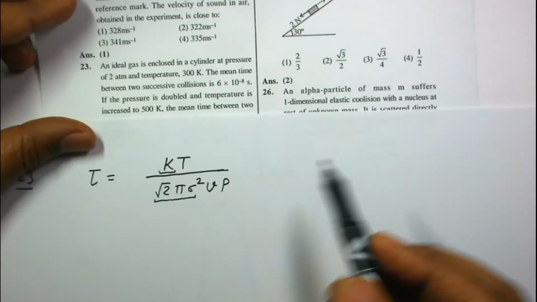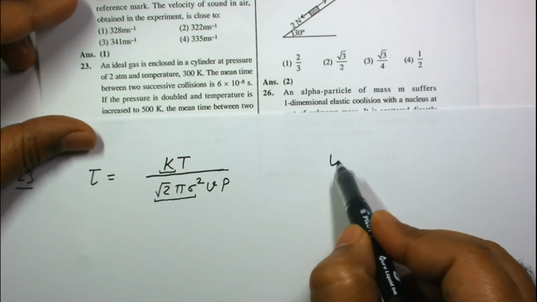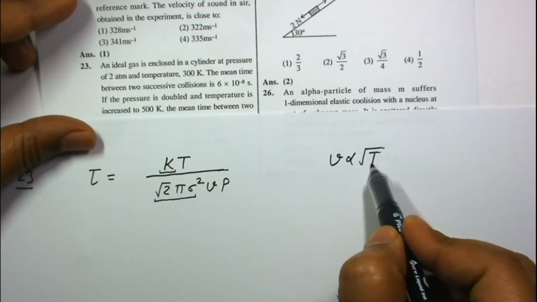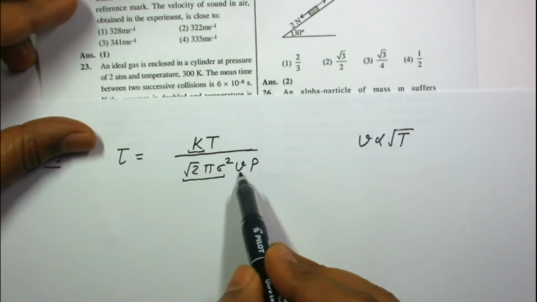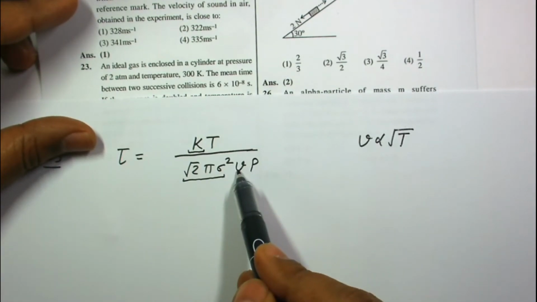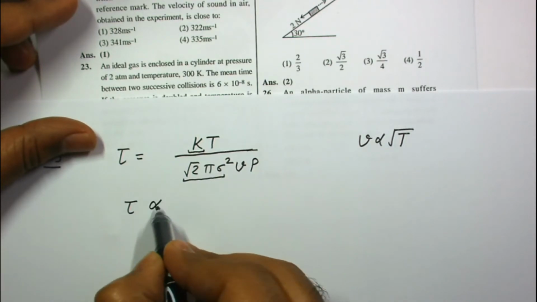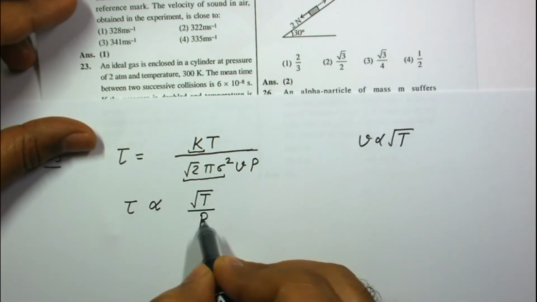So we know that all the formulas of velocity, whether it is average, RMS, in all the formulas V is proportional to square root of the temperature. So there will be a temperature term in this velocity. This is square root of T. So T upon square root of T, we can write this time is directly proportional to root T divided by pressure.